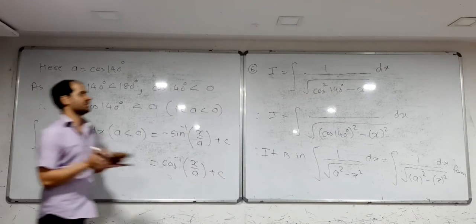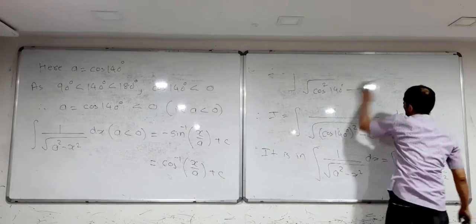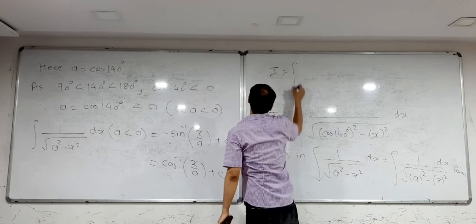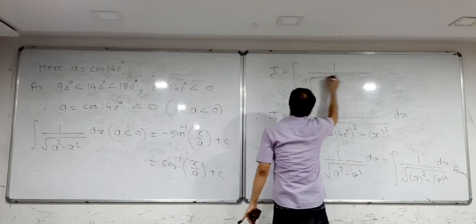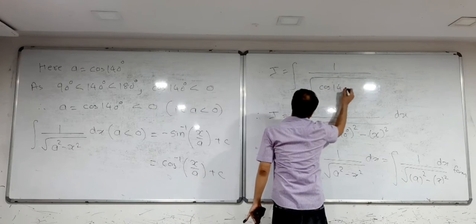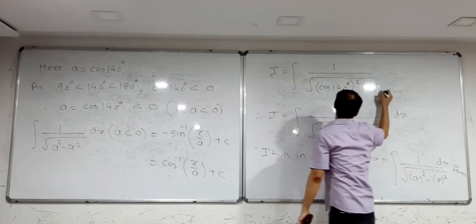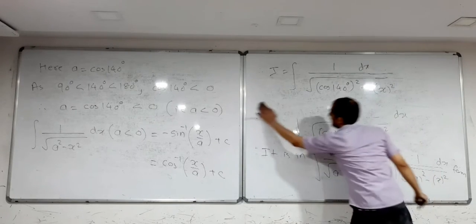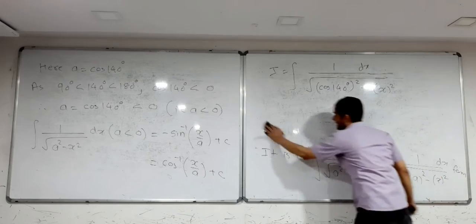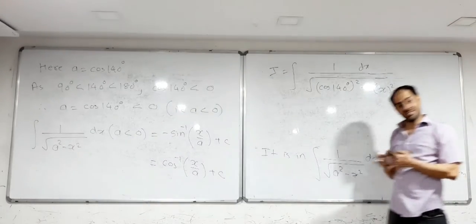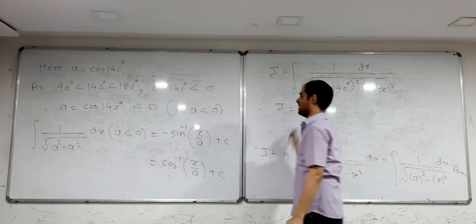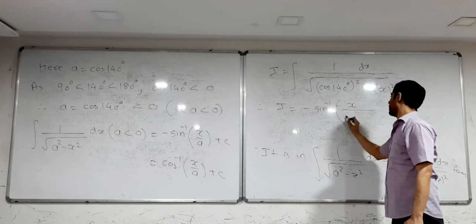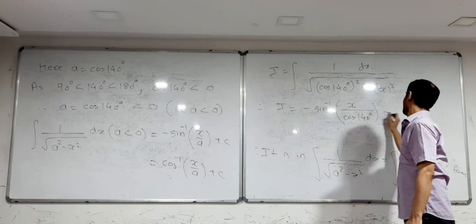So from here, what will this question be? Our question is integration of 1 upon square root of cos of 140 degree whole square minus x square dx. So it is of the form a is less than 0. Since a is less than 0, I will be minus sin inverse x upon cos of 140 degree plus c.